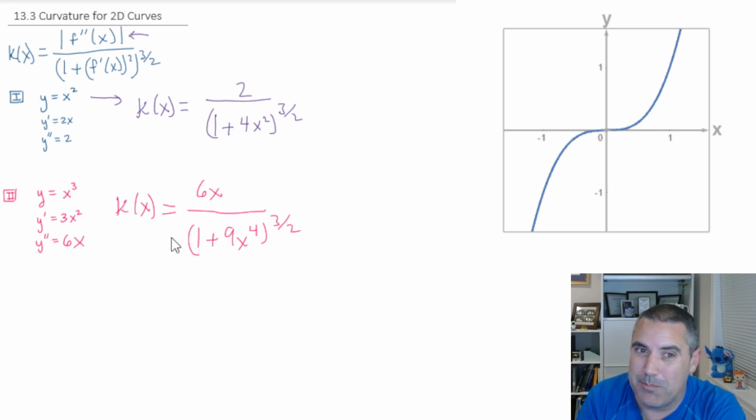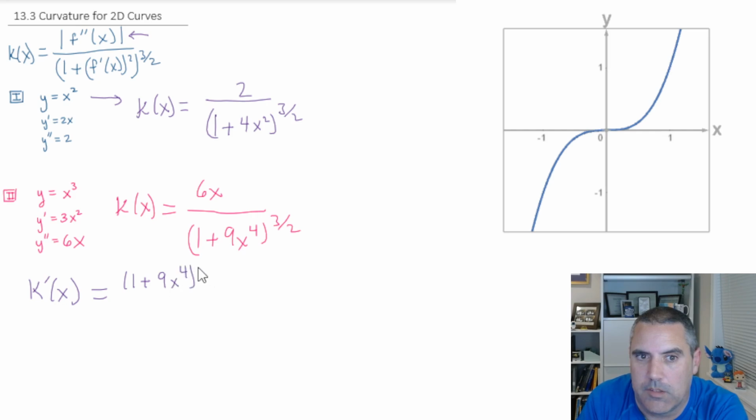So if I want to maximize this, I want to take the derivative and set it equal to 0. That's a big challenge here. Not that bad, but it does require some work. So let's get after it. I'm going to take the derivative. So now we're going to jump into calculus 1 territory. I'm going to do a quotient rule: denominator times the derivative of the numerator minus numerator times derivative of the denominator. And I'm going to say a few things about solving here, of why I can attack this and not be scared of it.